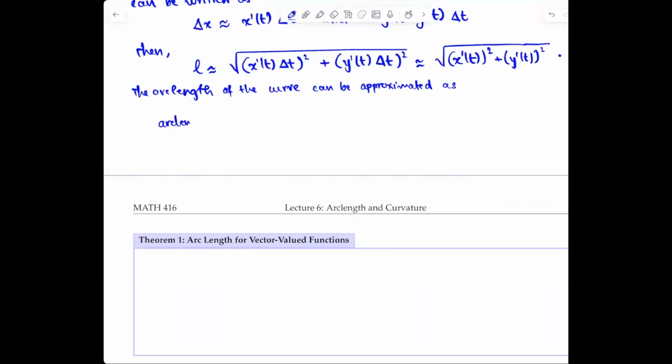Arc length is approximately equal to the summation of the square root of x prime of t squared plus y prime of t squared, multiplied with delta t. I'm going to modify this formula in a little bit, but that's what we got so far.